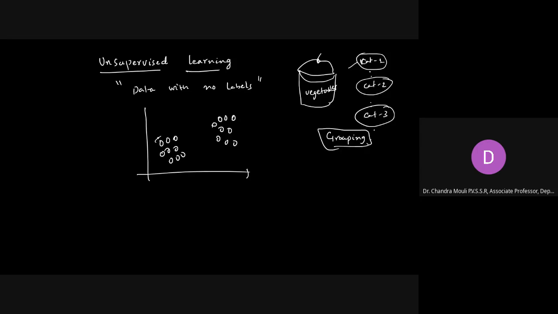When you make one group here and one group here, the entities or the data present within this group are similar to each other, and they are dissimilar to the members of the other groups.